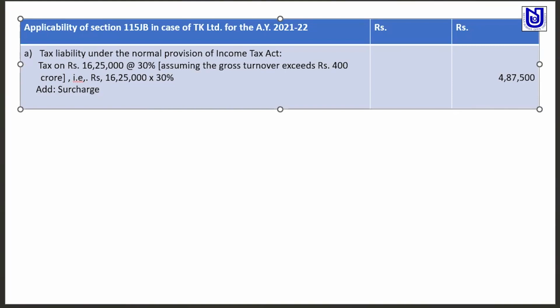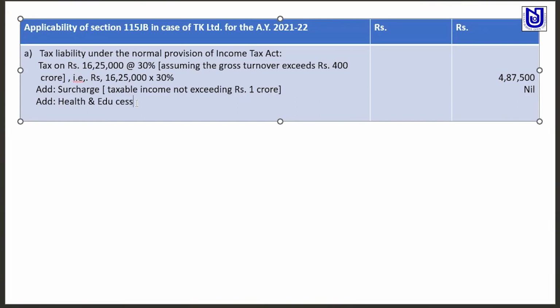Add surcharge, within bracket, taxable income not exceeding rupees 1 crore, only 16 lakh. So no surcharge, surcharge nil.